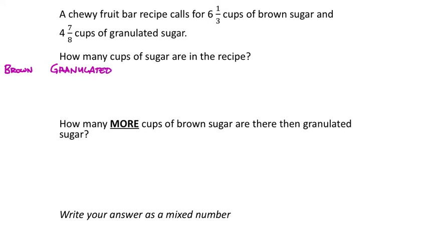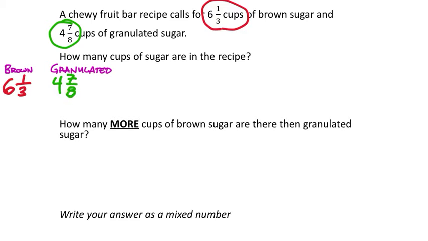So let's see, brown sugar. It appears to be 6 1/3 cups of brown sugar. So put that in there, 6 1/3. The granulated, however, shows 4 7/8.